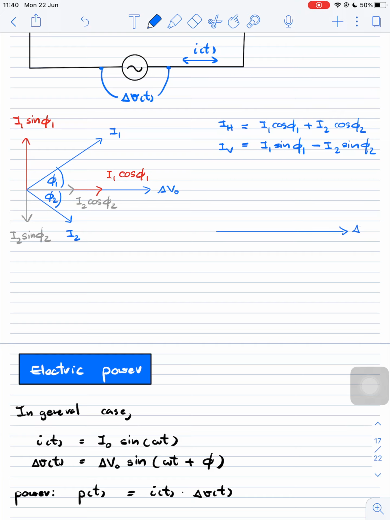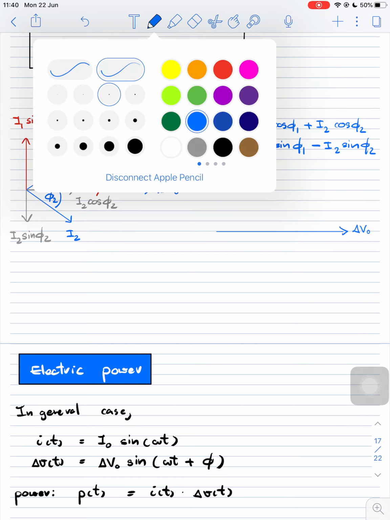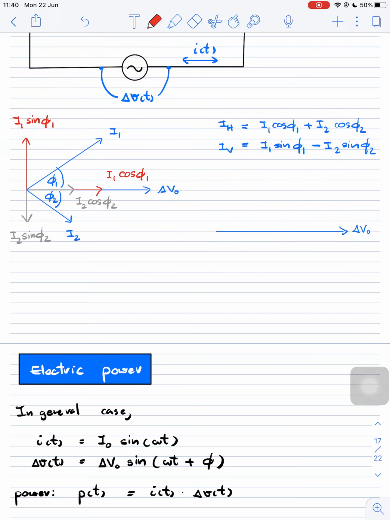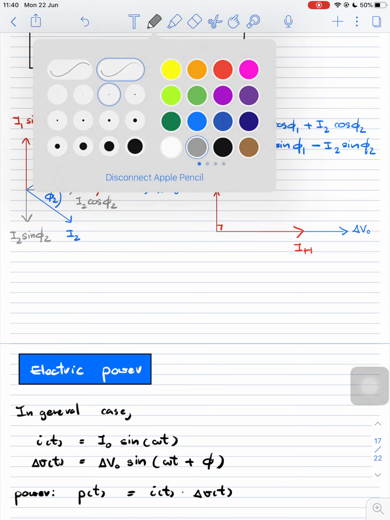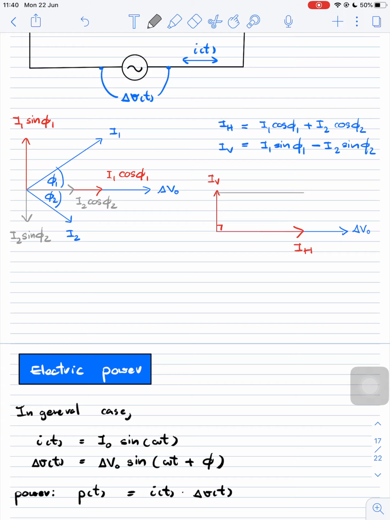Okay, so let's summarize. We have delta V naught in this direction, and then we have IH in this direction, and let's assume that we have IV in this direction, right? Now we need to combine this IV and IH together, so we need to use the Pythagorean theorem to solve for this. Let's make this line first.